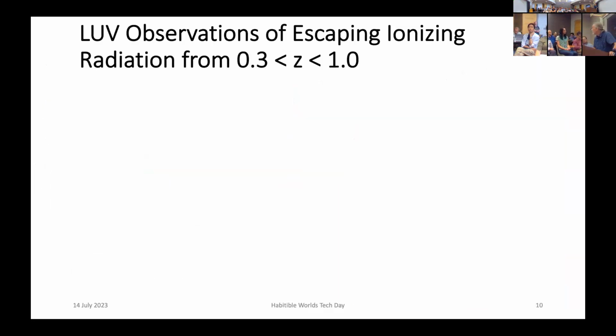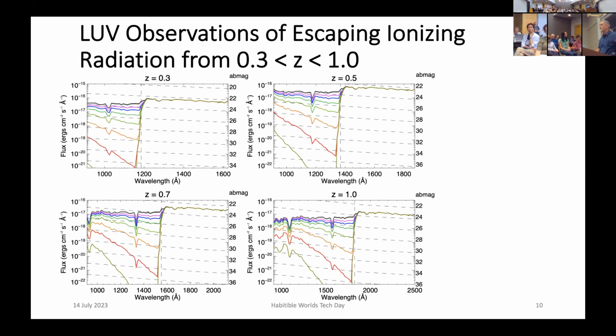But I would say that my continual observation of the escaping ionizing radiation from the redshift of 0.3 to 1 are a real driver for HWO far UV capability. I'll show you why. Here I've got a bunch of models of L-star galaxies as a function of redshift. So here's 0.3, 0.5, 0.7, and here's 1.